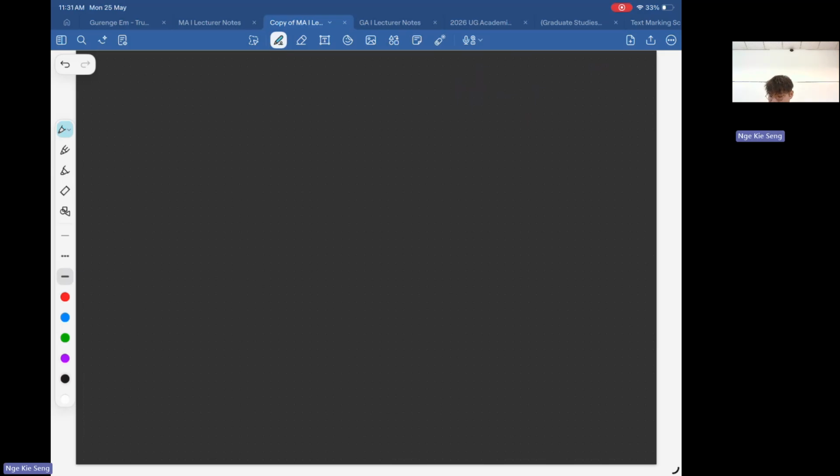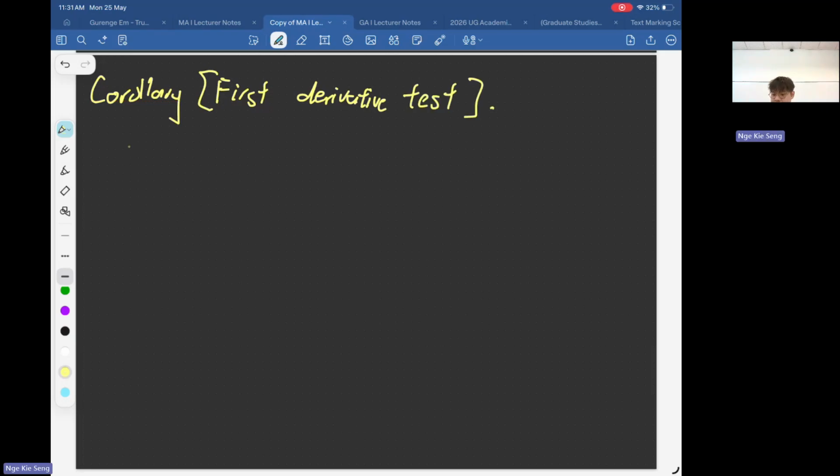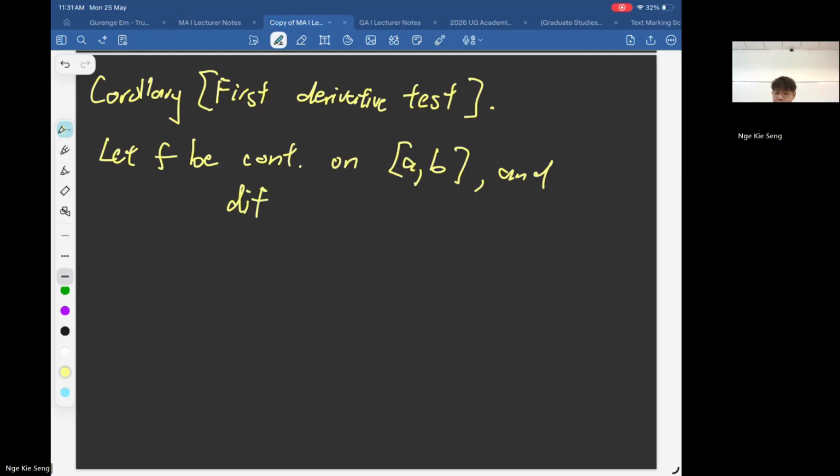All right, so let's do the next corollary, which is the first derivative test. We'll say let f be continuous on the closed interval [a, b] and differentiable on the open interval. So here we throw away the endpoints.